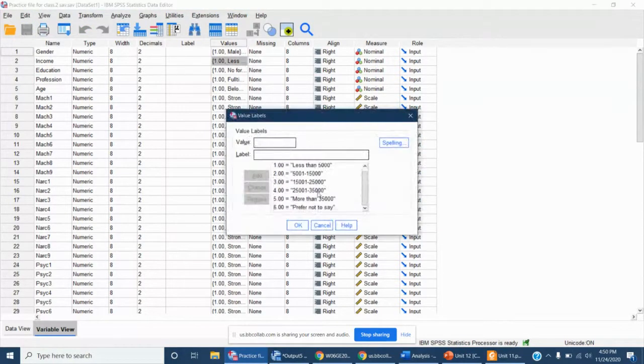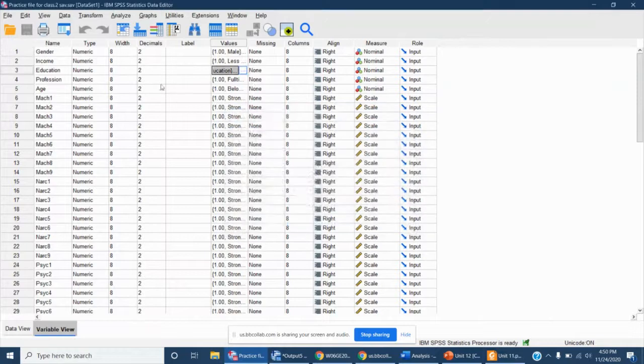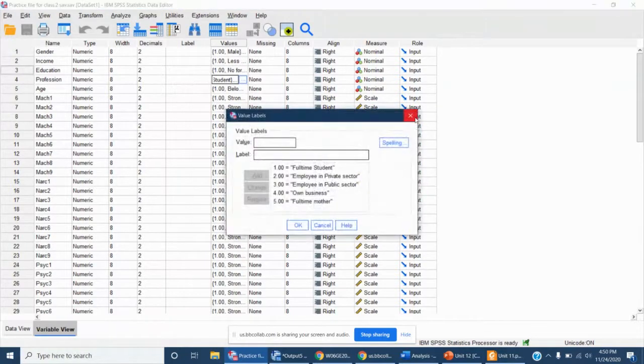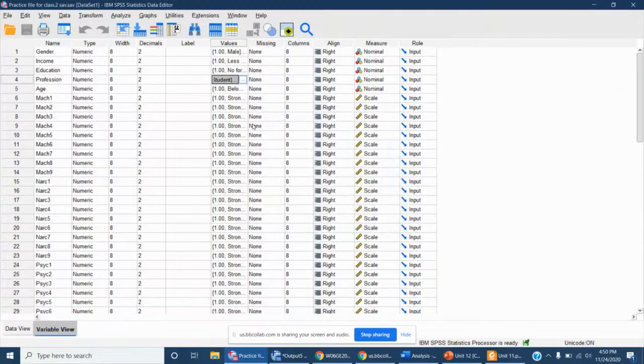Income has more than two response categories, so it will be measured with ANOVA. Education, again ANOVA. Profession, again ANOVA. But measure these variables only when they are part of your research. If your hypothesis does not involve gender, income, or education, you don't need to conduct these particular tests.